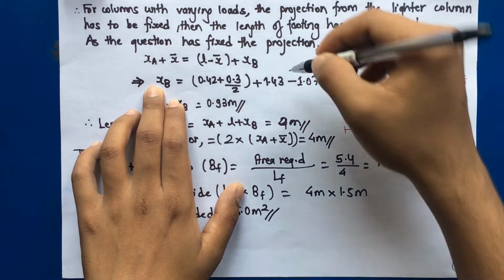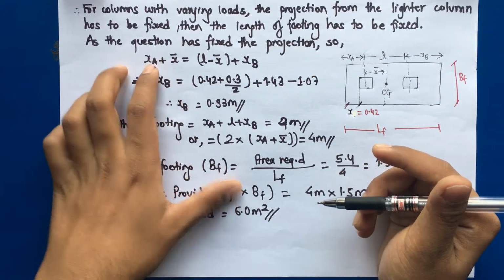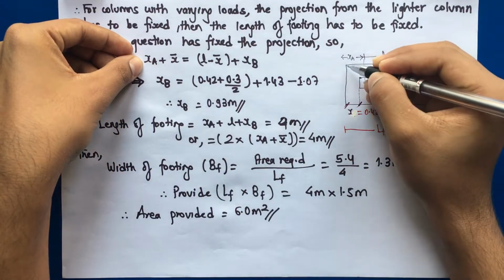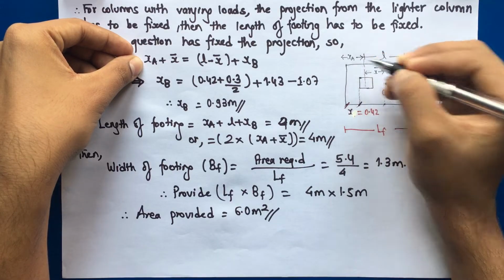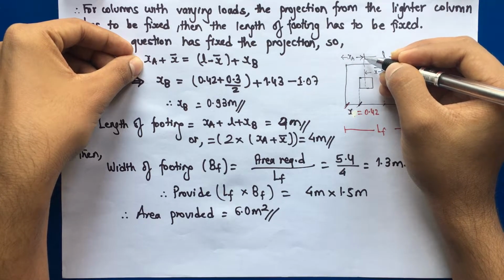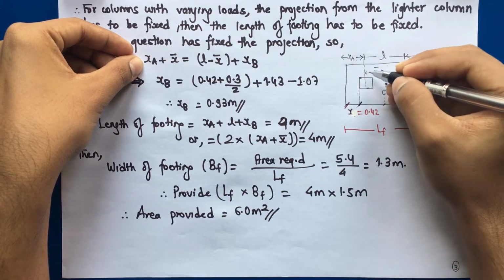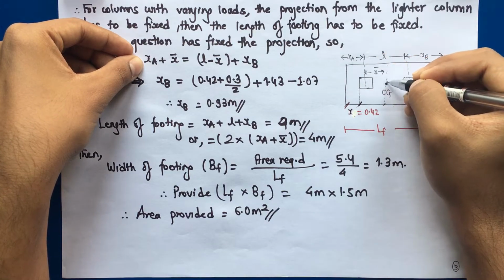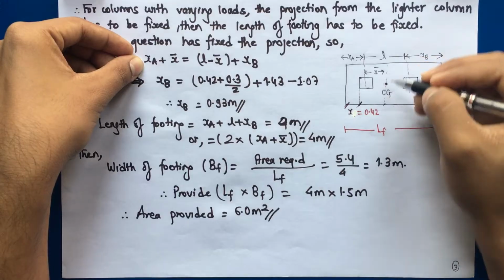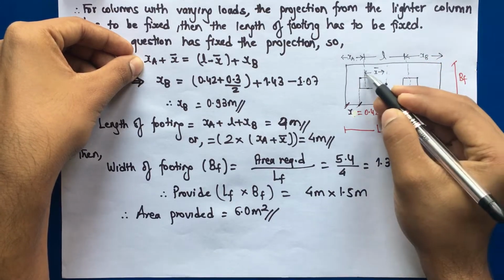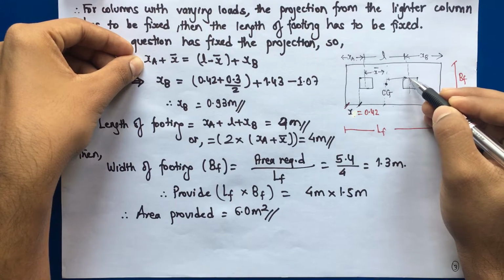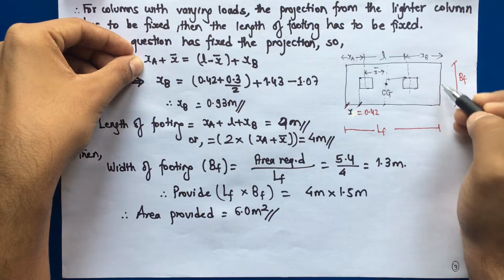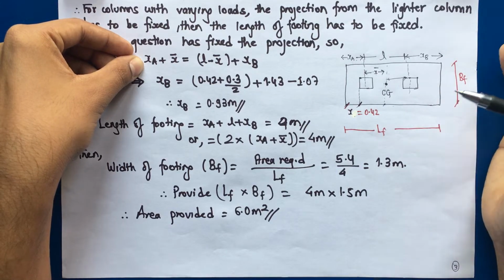Using that concept, XA is the length from the left edge of the footing to the center line of column A. So XA plus x bar, up to the center of gravity, should be equal to L minus x bar, which is this much portion, plus the projection from the center of column B to the right edge of the footing.